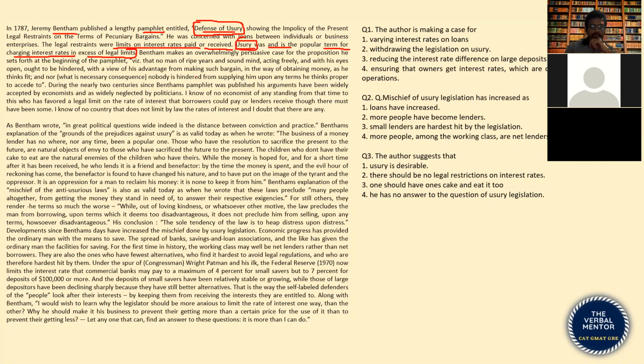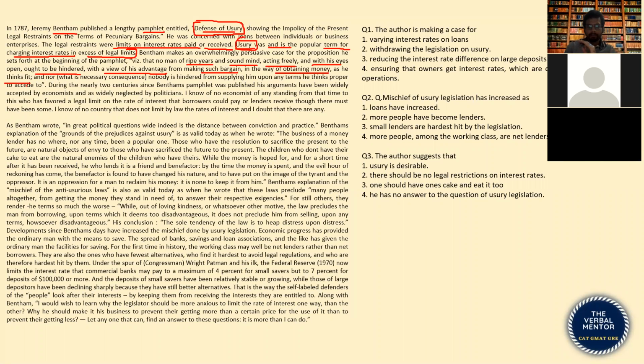Okay, let's see. Where does the author go with this? Bentham makes an overwhelmingly persuasive case for the proposition he sets forth at the beginning of the pamphlet, that no man of ripe years and sound mind, acting freely and with his eyes open, ought to be hindered, with a view of his advantage, from making such a bargain in the way of obtaining money as he thinks fit.